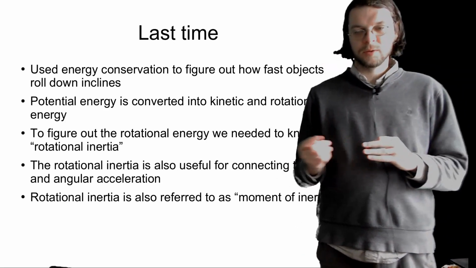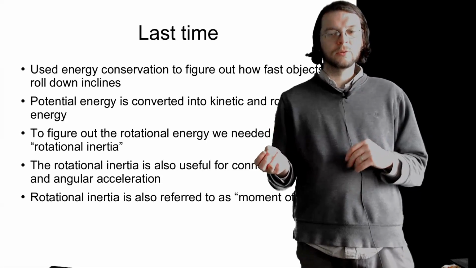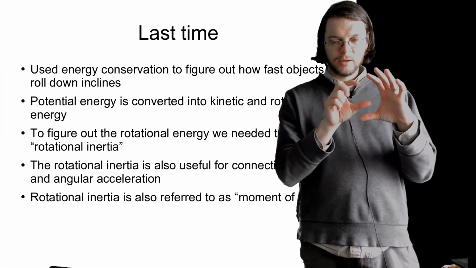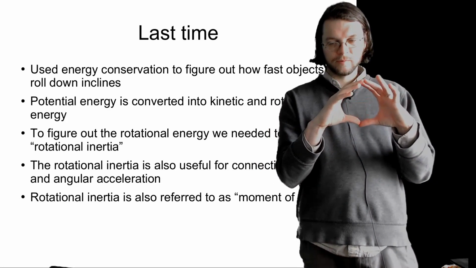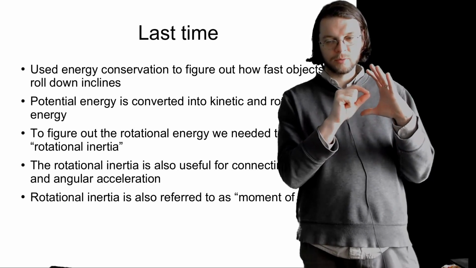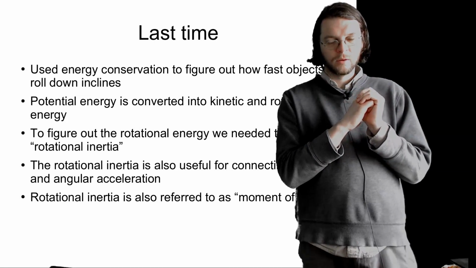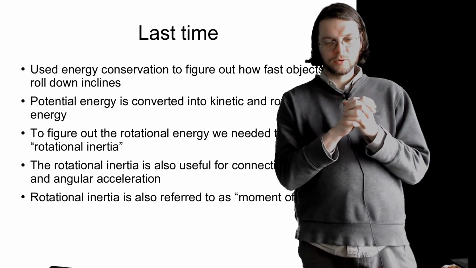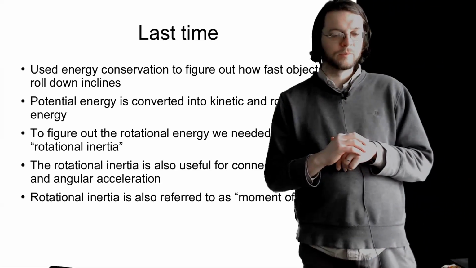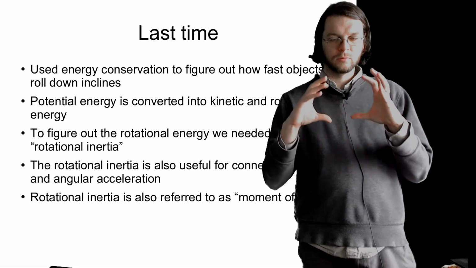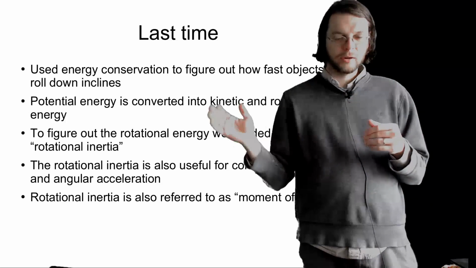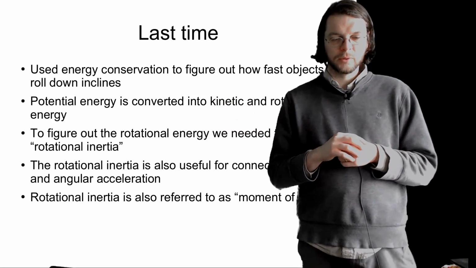The reason it wins is because the wooden wheel has lower rotational inertia than the hollow wheel, because the hollow wheel has all that mass as far away as it can from the axis of rotation, whereas the wooden wheel is solid, so some of the mass is really close to the axis of rotation, and only part of it is at the very edge. So it is less difficult to spin up that wooden wheel than the hollow hoop, and as a result, it can zip down the ramp faster. So that's what we learned last time.